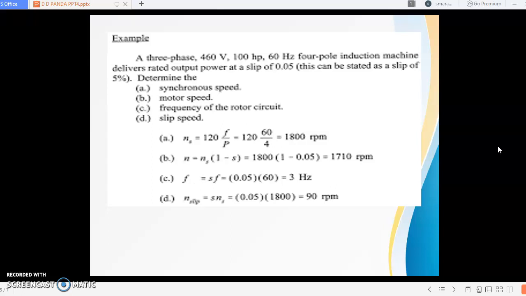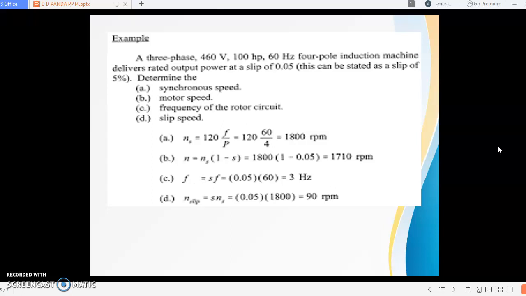So f is your 60 Hz. Then it is clearly mentioned that 4-pole induction machine. We know the number of pole is denoted as P, and for this question P will be having a value of 4.